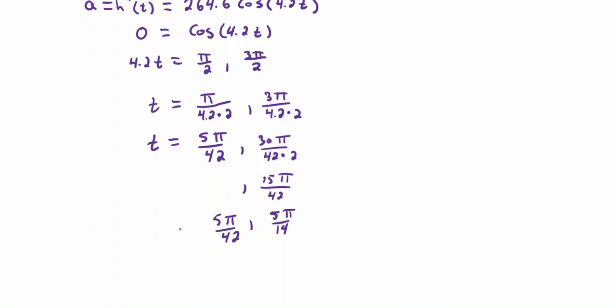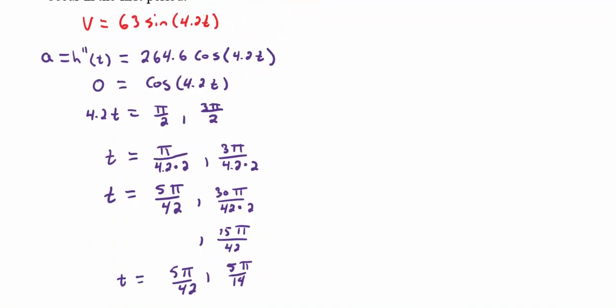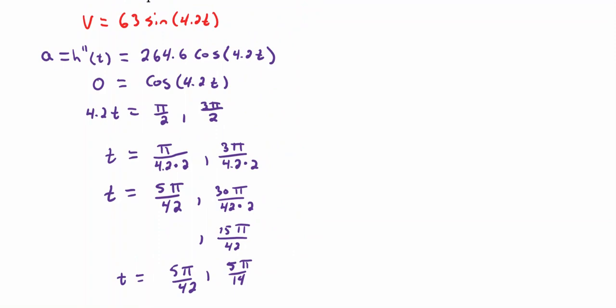Okay, so we just found the times that this is going to happen. Now we actually have to figure out the velocity, like how fast it was actually going. I have an expression for that. That is v, or here I'll write it as h prime, the first derivative, is equal to 63 times sine 4.2t.